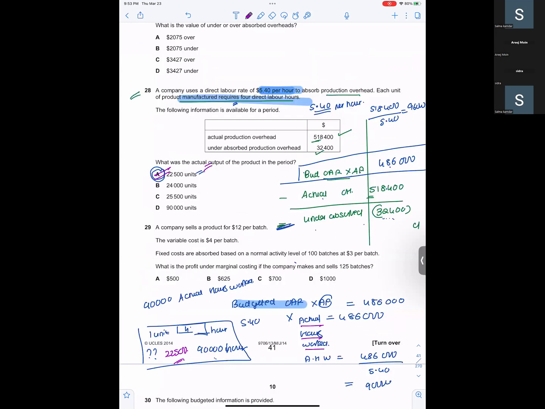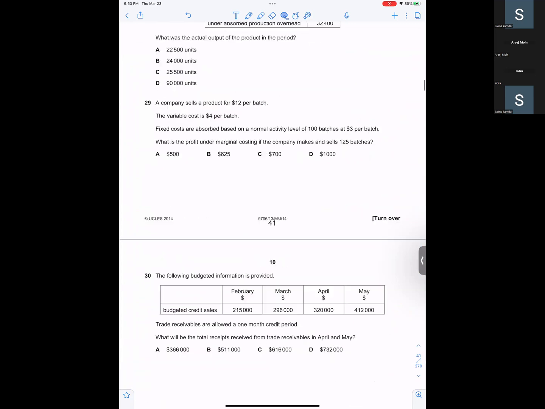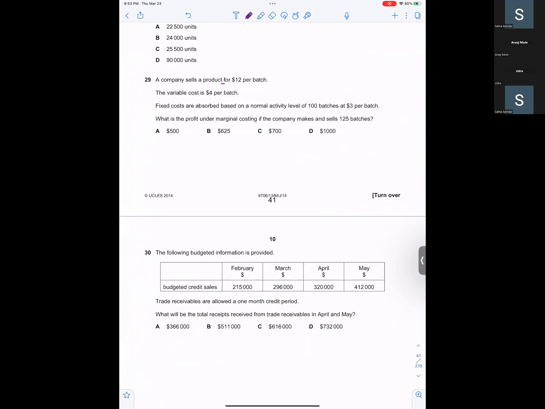Now let's do 29. A company sells a product for $12 per batch. Variable cost is $4. Fixed costs are absorbed on the basis of a normal activity level of 100 batches at $3 per batch.